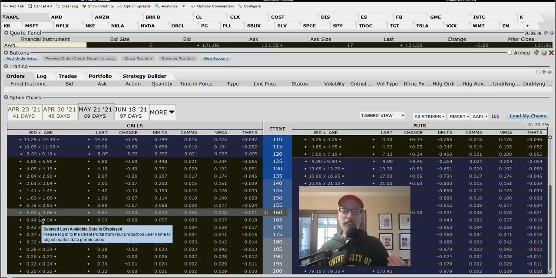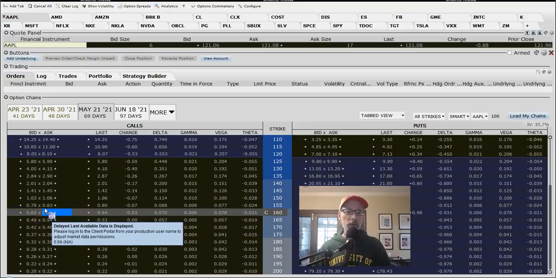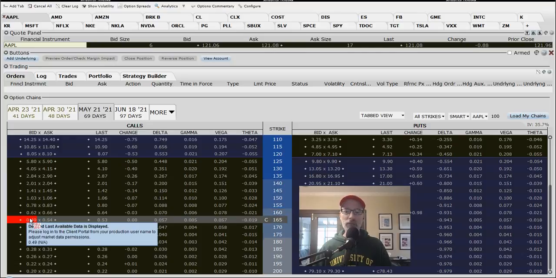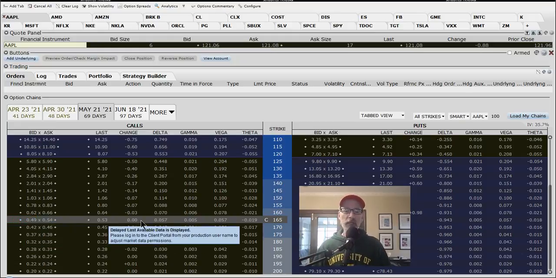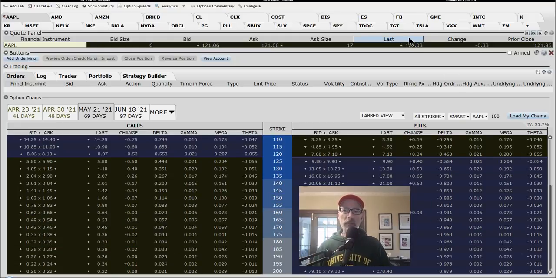Since each option contract is worth 100 shares of stock, you always have to multiply these numbers to get the actual dollar amount you would have to pay. So 64 cents times 100 is $64 per contract. Now, if you were to buy 100 shares of Apple, you'd have to pay $12,100 up front.